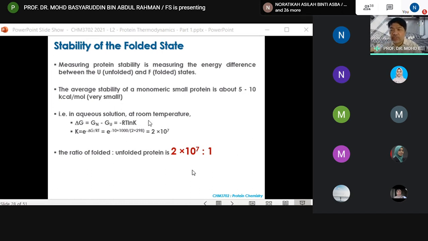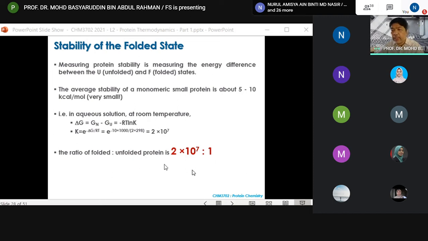So back to the physiological condition, whatever temperature it is, you must use the same temperature. For example, K is about 2 times 10 to the power of 7, meaning the ratio of folded to unfolded is about 2 times 10 to the power of 7 to 1. So it is very small.